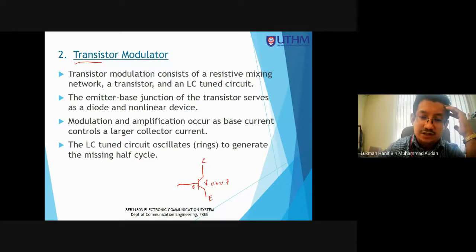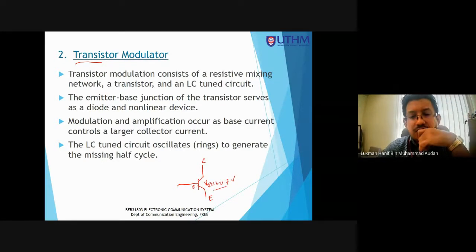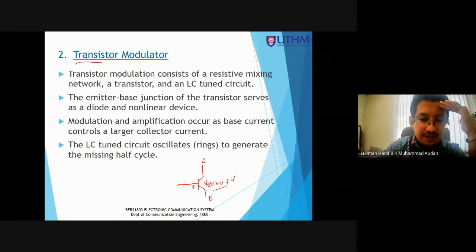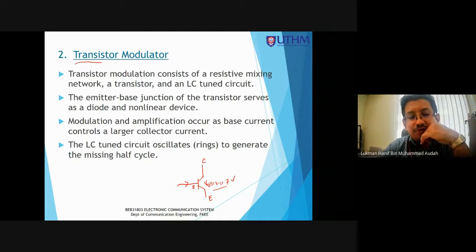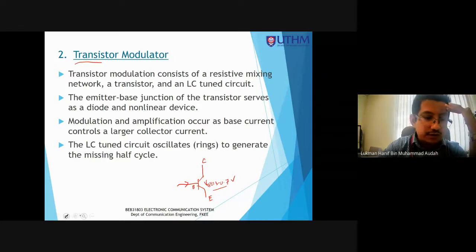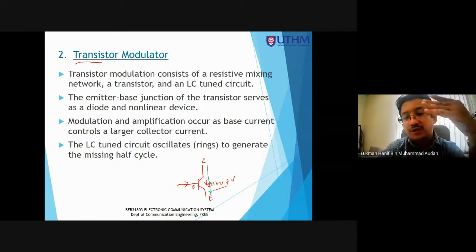This is the VTH, the threshold value in this range. So if the input voltage at the base is larger than the threshold value, then current can flow from the collector to the emitter.